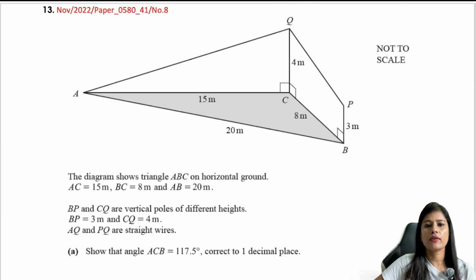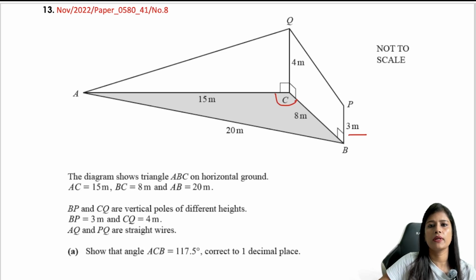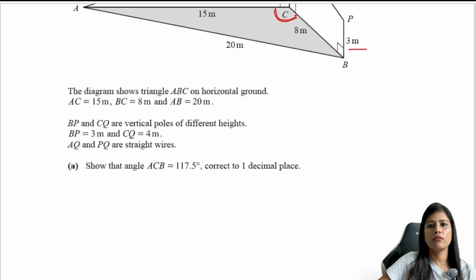The diagram shows a triangle ABC on a horizontal ground. AB, AC, BC are given to us, and BP and CQ are vertical poles, height 3 centimeter, and this one is 4 centimeter. Show that the angle ACB is 117.5 correct to one decimal place. So I need to find out this angle, and I have all three sides. So I will use the formula for cos.